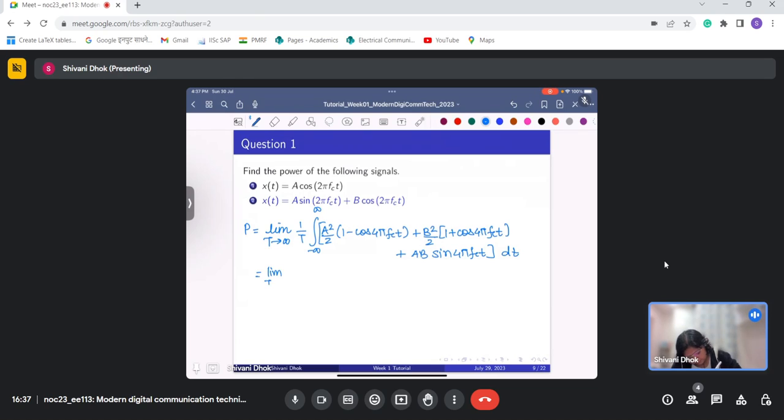So we have here limit t tends to infinity 1 by t.